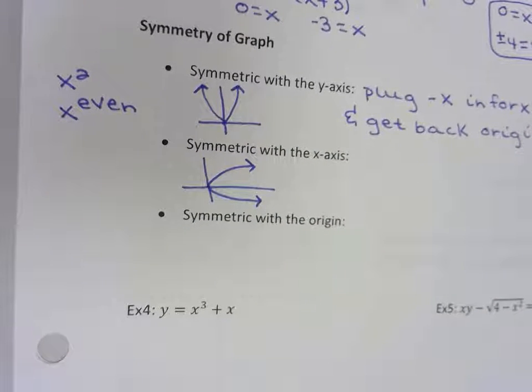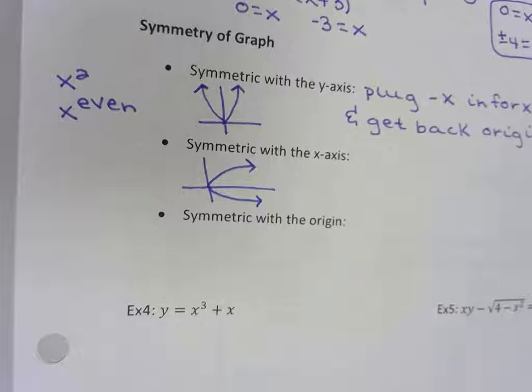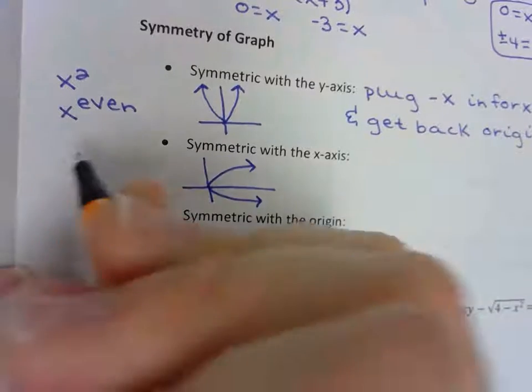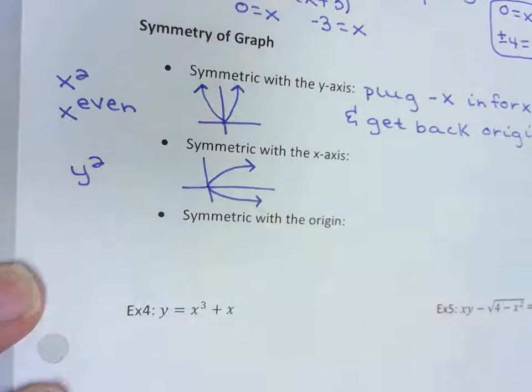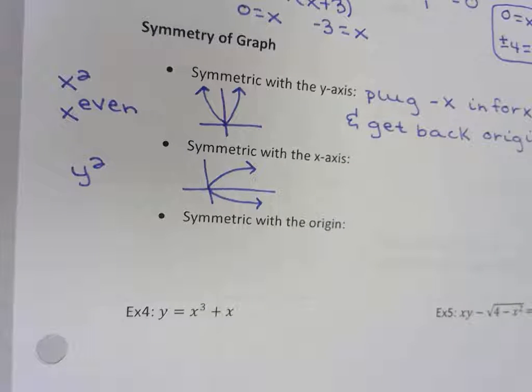But if I would have a parabola on its side, what would be different? Instead of x squared, it would be y squared. So this is kind of an example of being symmetric with the x-axis. Now instead of x to an even power, I'm going to have y to an even power, like that.